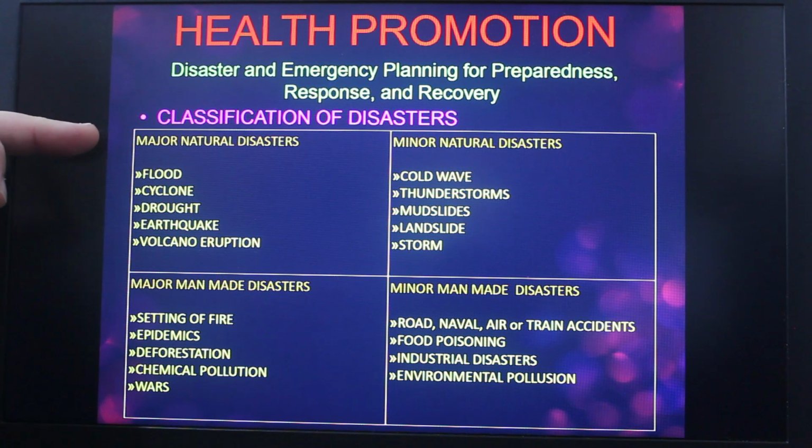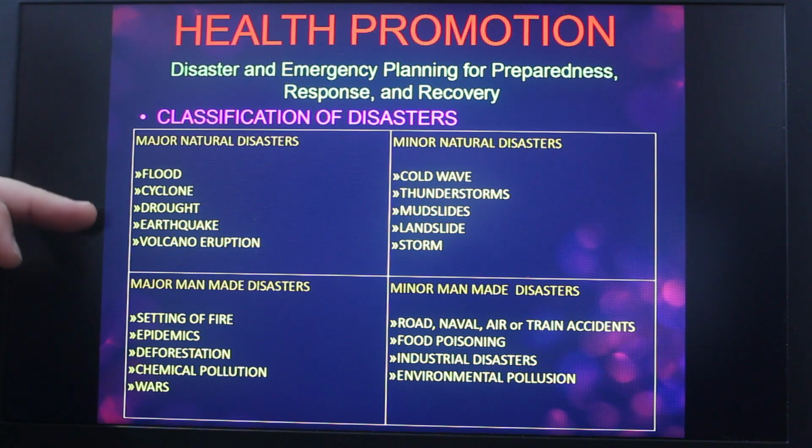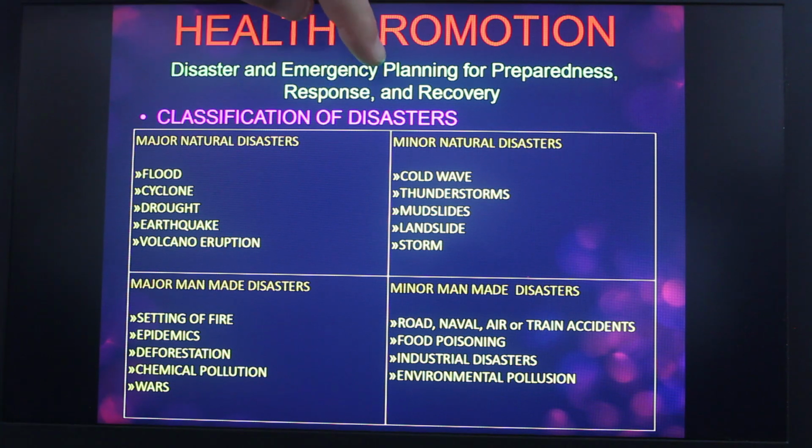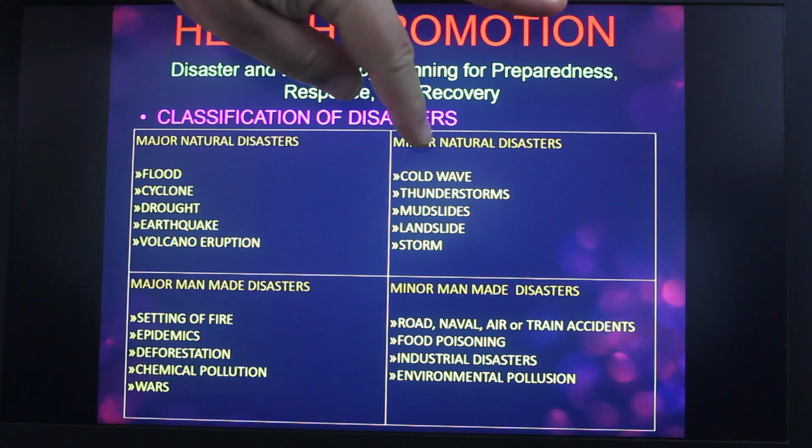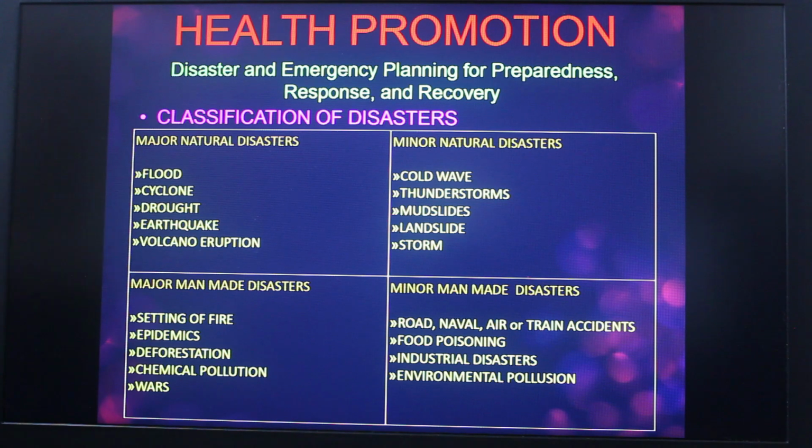Among major natural disasters, we can see that we have flood, cyclone, drought, earthquake, volcano eruptions, and among minor natural disasters, we can have cold waves, thunderstorms, mudslides, landslides, and storms.